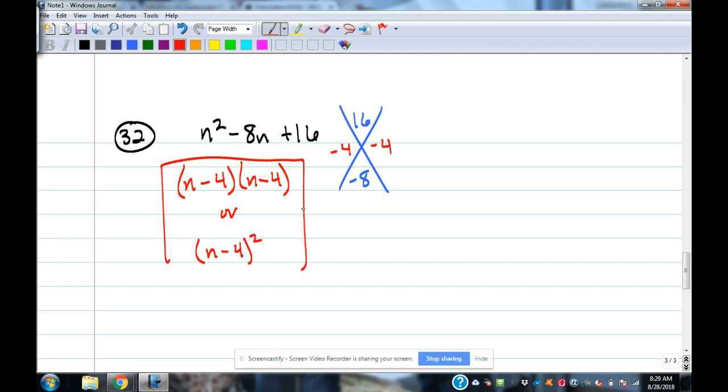Those are both the same thing. What that's called is a perfect square trinomial. The reason it's called a perfect square is because it factors to have the same factor twice. But how it works is not any different than the other ones that we did. It's exactly the same stuff.